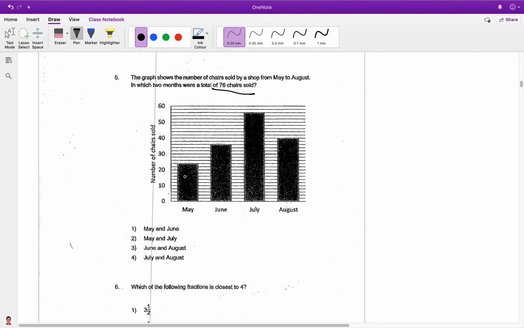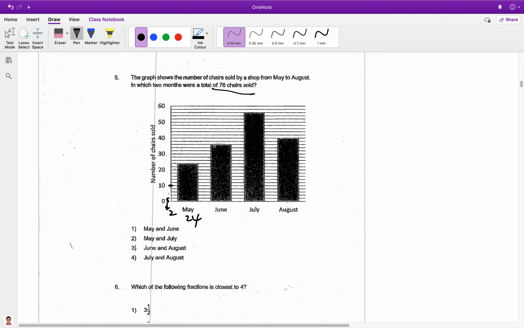We just need to find out for each month how many there are. For 10 we have 1, 2, 3, 4, 5 divisions, so a single one is 2. So this is 20, this is 20, and here is 24.